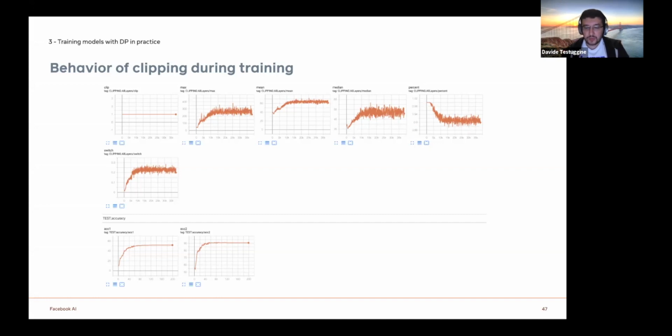My mouse doesn't work, but in the diagram on the right, you can see that the number of layers that get clipped tends to go down up to a certain level. For this particular model, this stays at around 0.9, so around 90% of them. In other cases, it can even go lower. So there is some level of adaptation here, and gradients can take quite a bit of abuse and still be able to train a model, which is interesting.